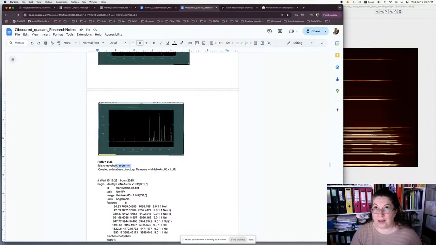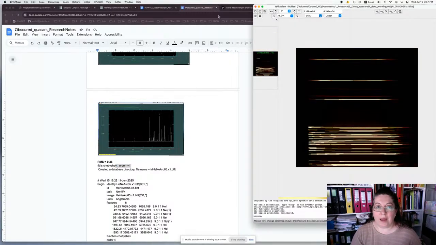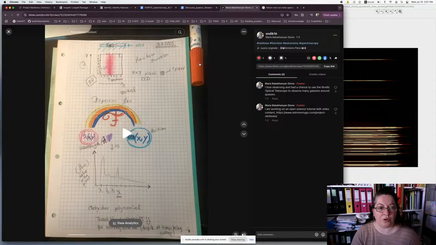And then you get a map of what I talked about in this video on TikTok. You have your CCD pixel coordinates, the pixel position, and through the functions that you derive with identify, you get your wavelength coordinates, angstrom coordinates, or user coordinates. So this is what happens.